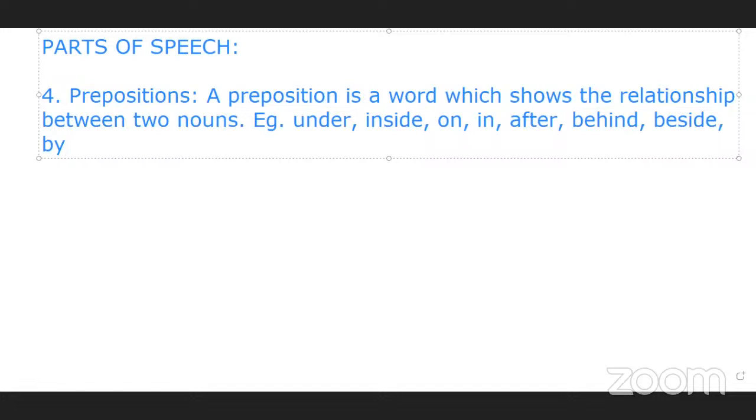So the man is standing by the tree. The boy is standing by the car. At. All of them are examples of prepositions. So simply put, prepositions are words that show the relationship between nouns.